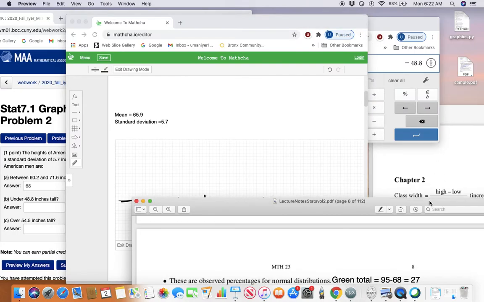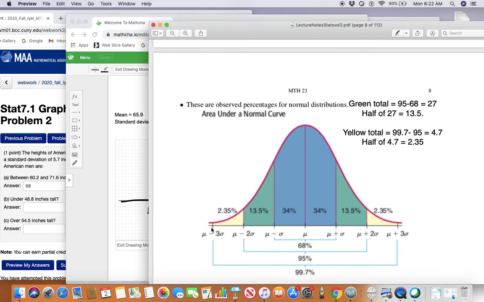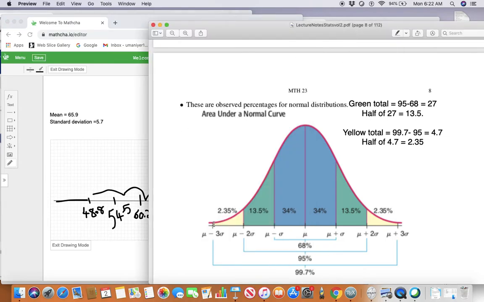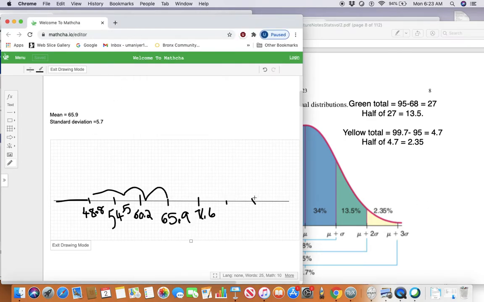So let's look at our empirical rule. Notice we had to subtract 3 times, so that's three standard deviations to the left. Between three standard deviations on both sides you have 99.7%, which tells me 0.3% is split between this area and this area.